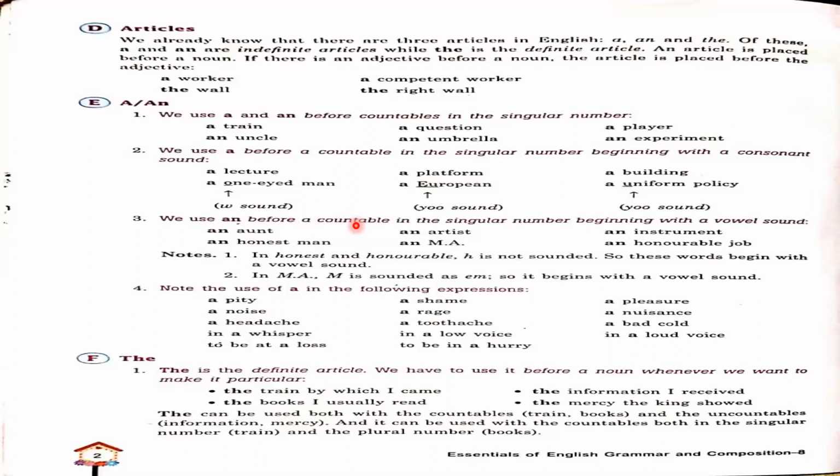When things are countable, and those things are in singular number, and those things are not definite, then we should use either a or an, right? We use a when the initial sound is a consonant, and an when the initial sound is a vowel. And with all definite things, whether countable or uncountable, singular or plural, it doesn't matter, we use the.